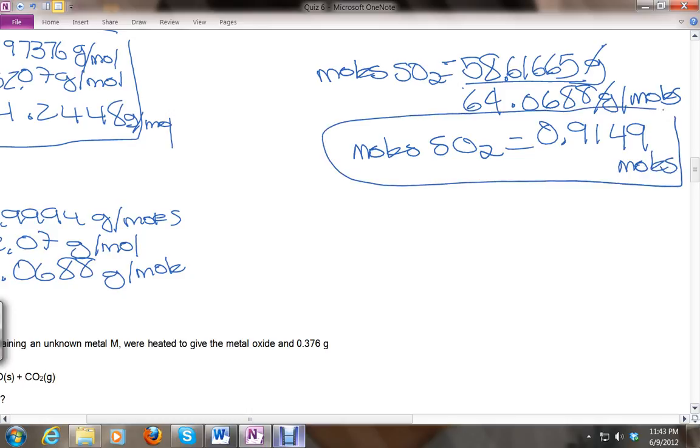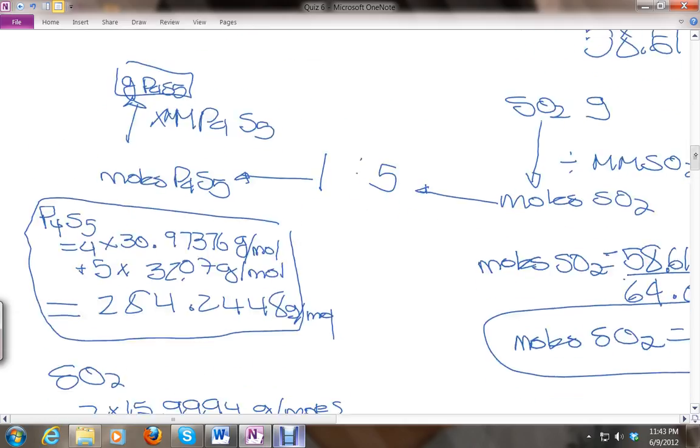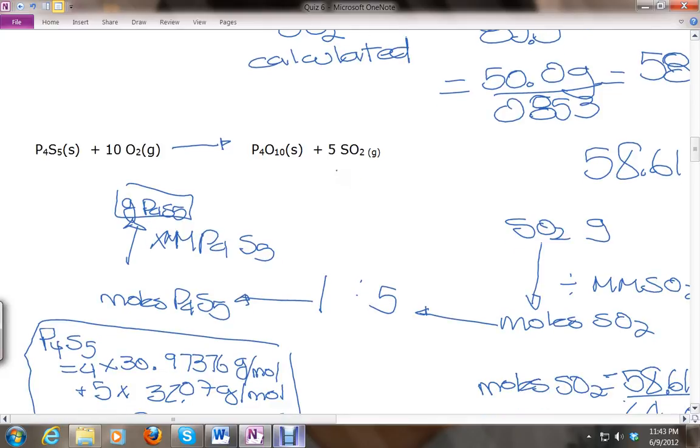The stoichiometry ratio. So here again, 0.9149 moles. Okay, and the ratio is 1 to 5, and then X would be here. So it's going to be 1 mole over X, and 5 over 0.9149.